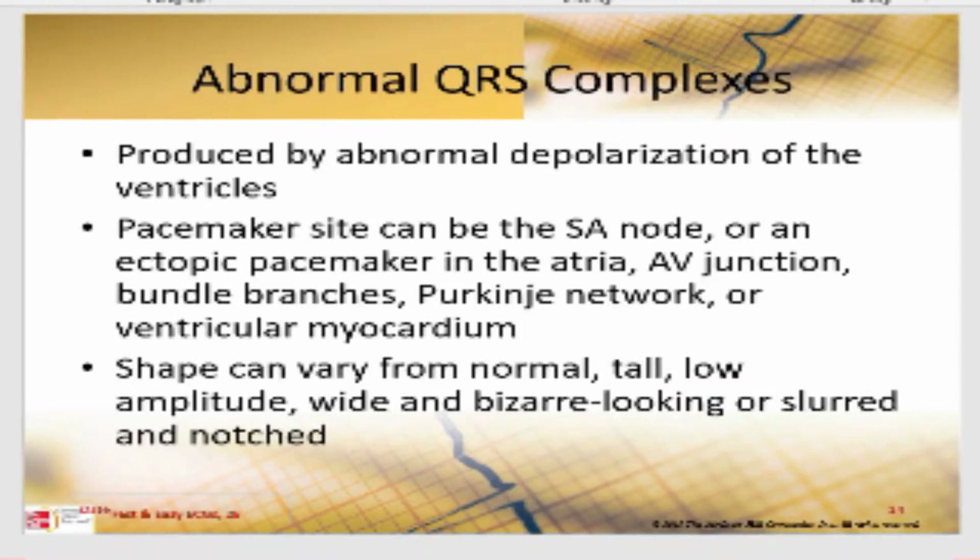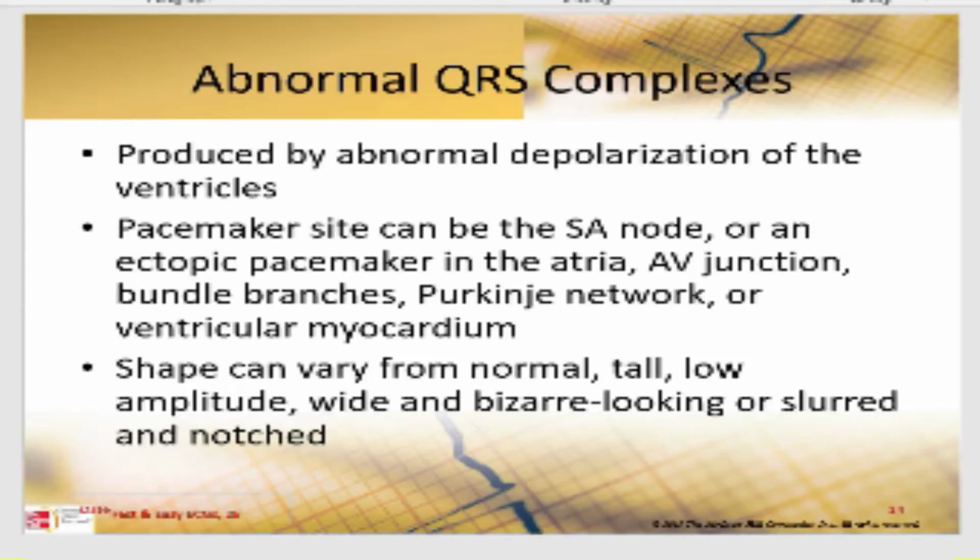Then you start having your abnormal QRSs. That happens when there is an abnormal depolarization of the ventricles. It could be because the pacemaker can be the SA node or an ectopic pacemaker in the atria, the AV junction, the bundle branches, the Purkinje network, or the ventricular myocardium.